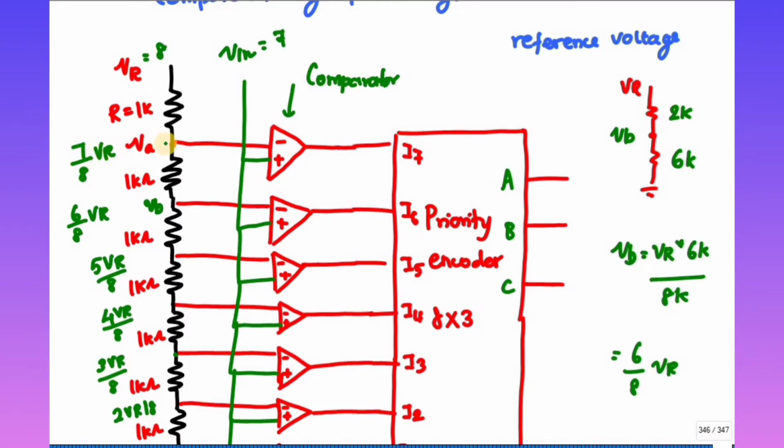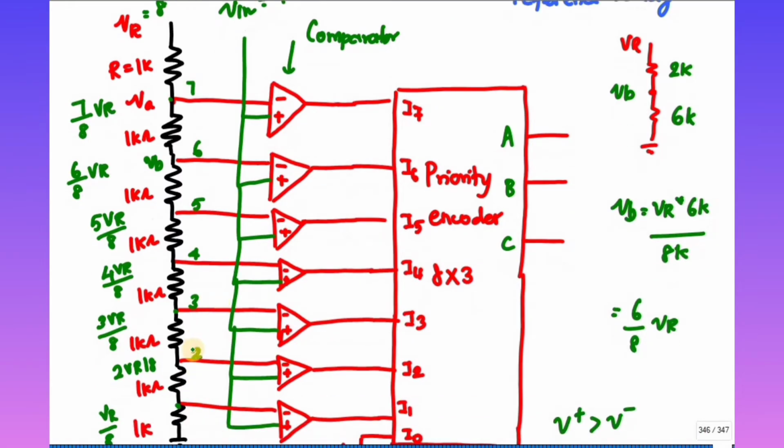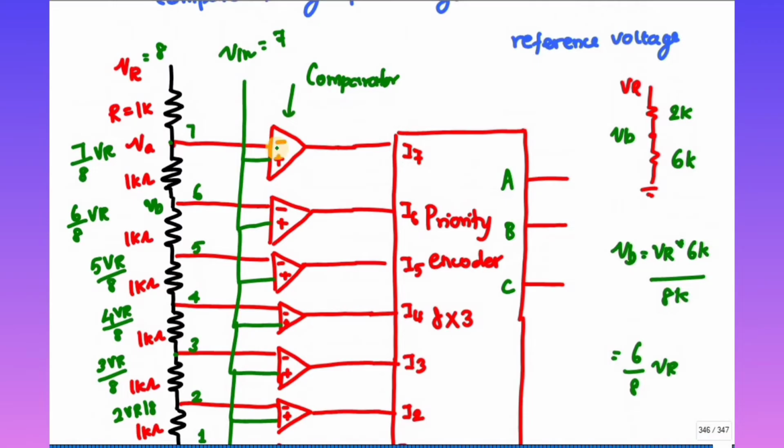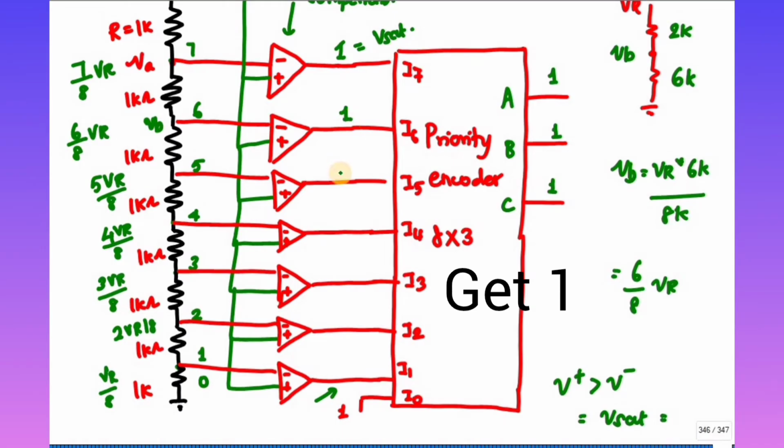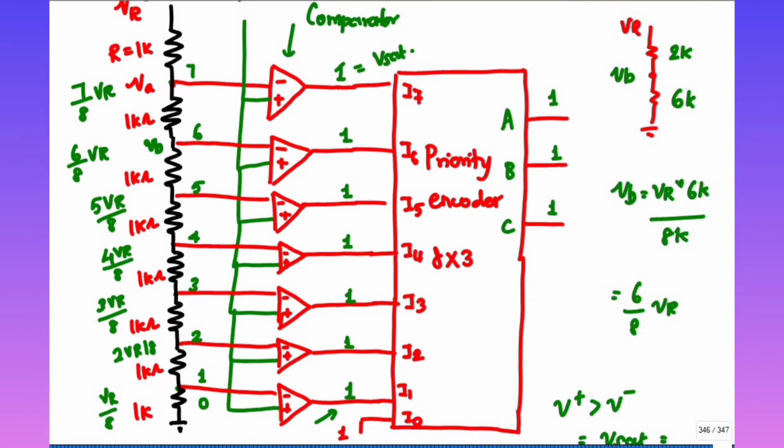So if I solve, I will get 7 volt, 6, 5, 4, 3, 2, and 1. What is the value I am having here? The positive is 7 and the negative is 7, so you will get the output as 1. Here the positive voltage is 7 and this is 6, so that is V saturation.